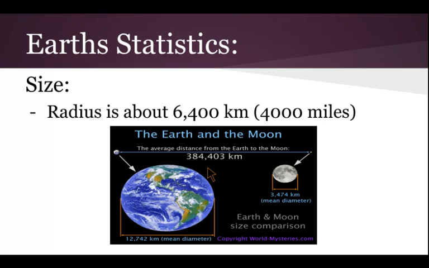The Earth's radius is about 6,400 kilometers, and a radius is from one edge to the center of the Earth, okay? Remember, in science, we want to use metric units, so we'll use the kilometers, but if you want a comparison, it's about 4,000 miles.